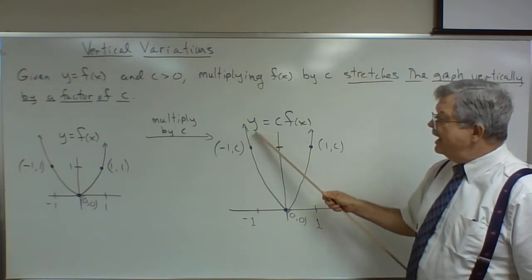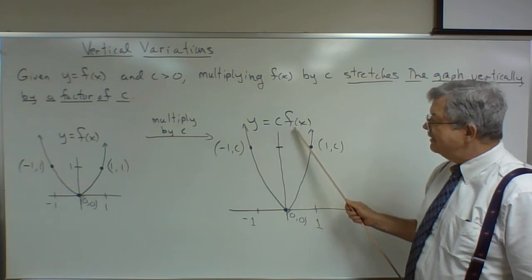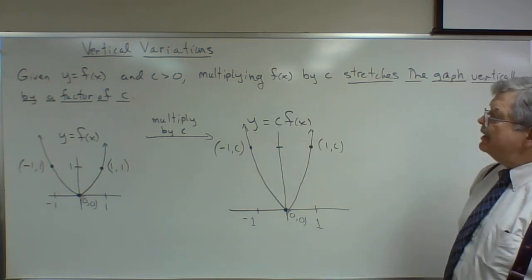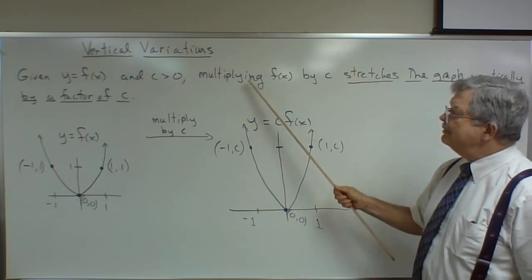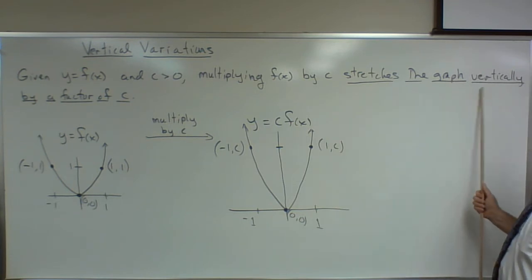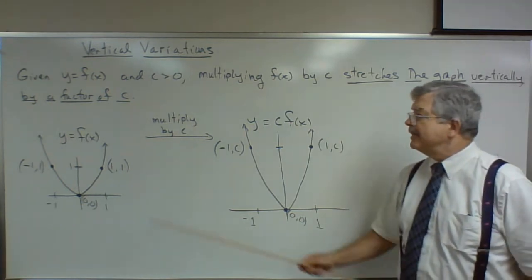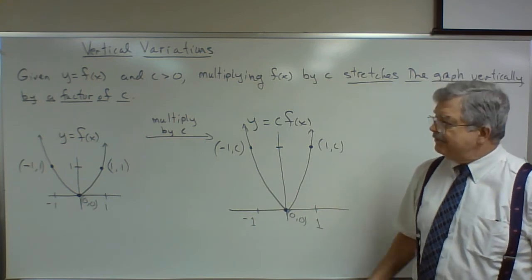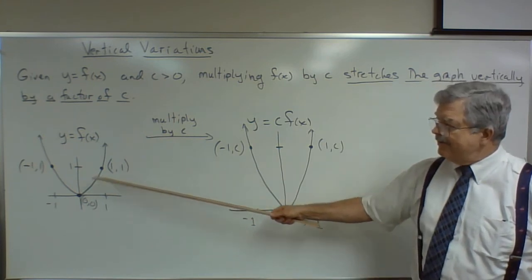We've taken the y coordinate, f of x, and multiplied it by c. And when we multiply f of x by c, this stretches the graph vertically by a factor of c.